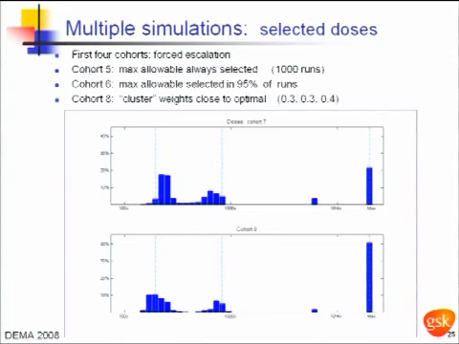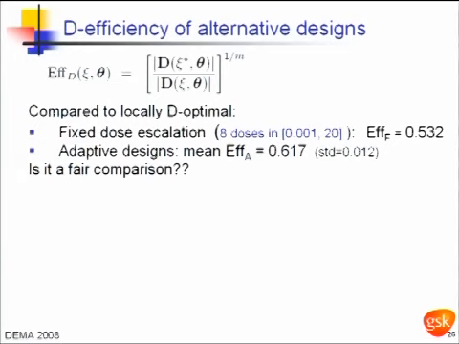For the cohort number 6, maximum allowable was selected in almost 100% of runs. And then if you look at the plot for cohort number 8, the combined weights of these clusters are close to 0.3, 0.3, and 0.4, which are the optimal weights of the locally optimal design. So that's something which you would expect from this adaptive approach.